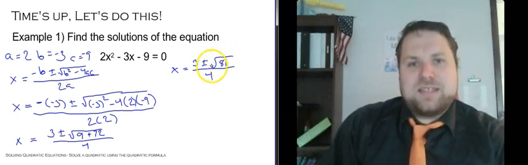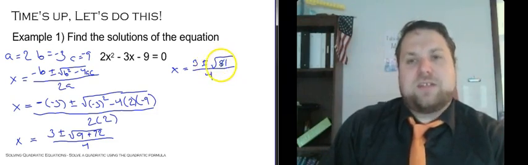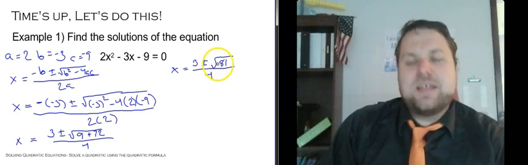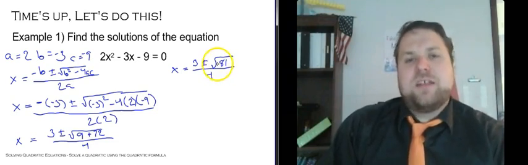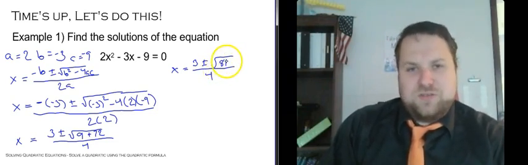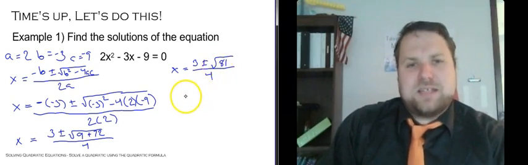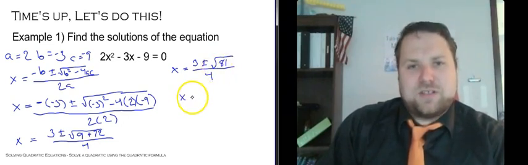So in this case, first thing I would do is plug the square root of 81 into a calculator and see if it comes out nice and neat. If it comes out as a rational number, that's fantastic. We can just use that. So in this case, it does. The square root of 81 is just 9. So I would say 3 plus or minus 9 over 4.